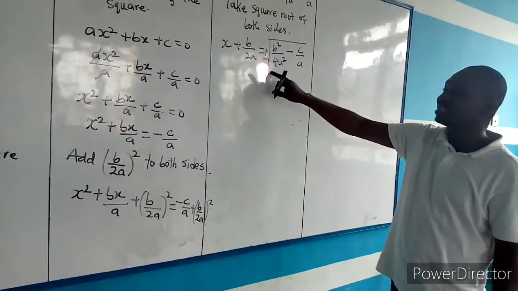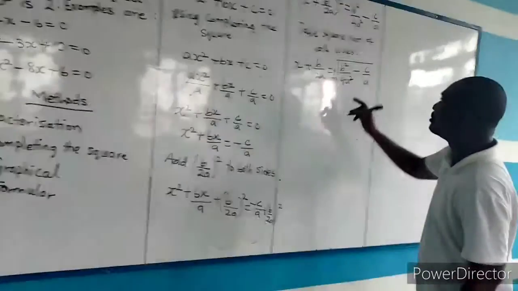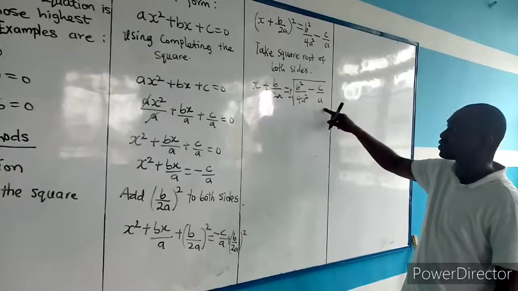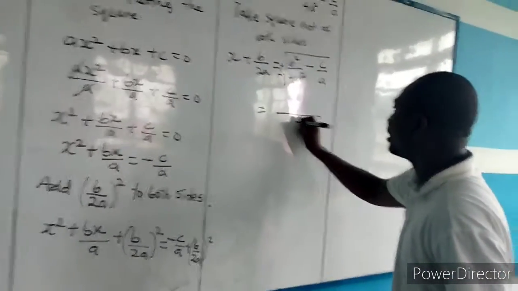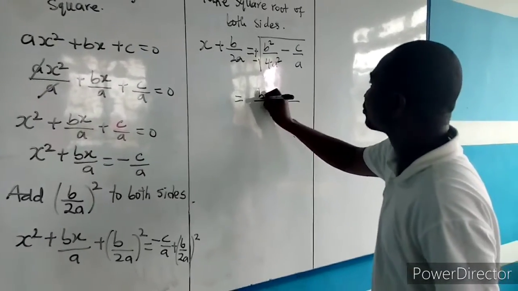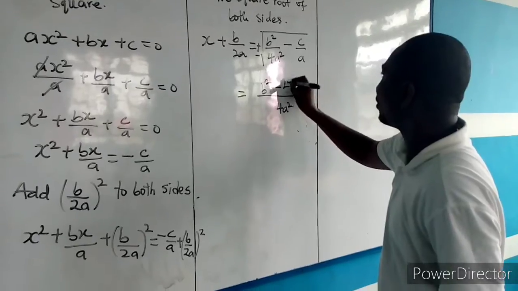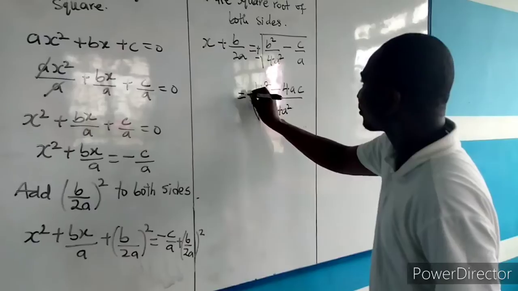Alright? Since it's a square root, the square root can either be plus or minus. So the next thing for me to do is to simplify this fraction inside the square root sign. So I'm going to have 4a squared in the denominator and b squared minus 4ac in the numerator.